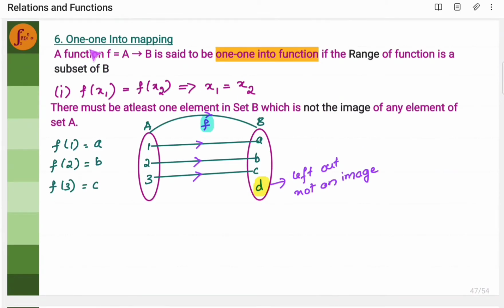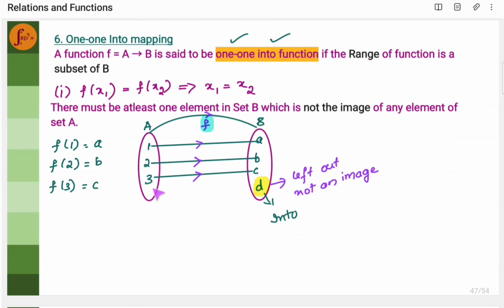Now this is one-to-one into. A function is said to be one-to-one into, as the name implies, when the function is both one-to-one and into. Remember what into is? In an into function, at least one element is always left out in set B. So here one element is left out. So this becomes an into. And it is also one-to-one. Why is it one-to-one?